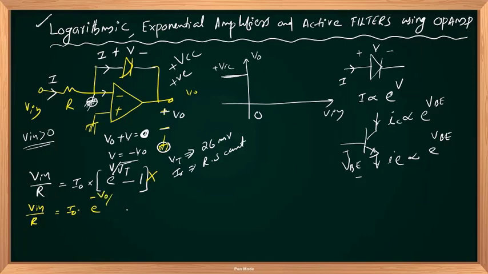So minus V out upon Vt, where Vt is a constant equal to 26 millivolts at room temperature.